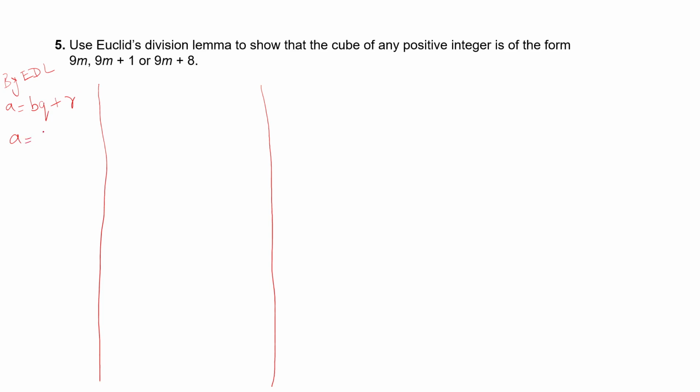Here b is 9, 9q plus r. r lies between 0 and b, and here our b is 9, so r lies between 0 and 9. r takes the value 0, 1, 2, 3, 4, 5, 6, 7, 8, right? 9 also? No, because it is less than 9. So all these values are there.